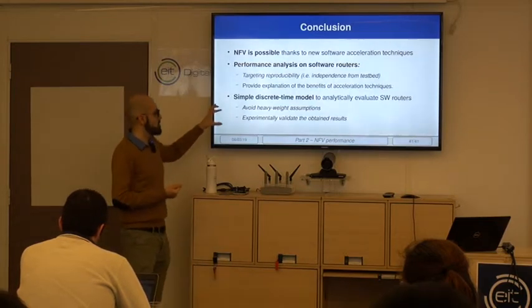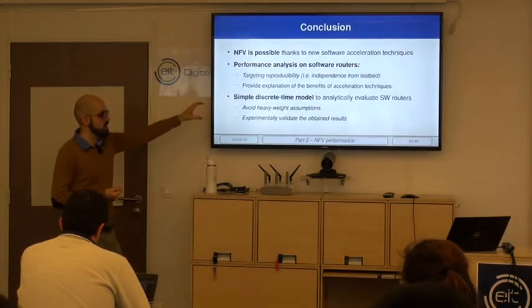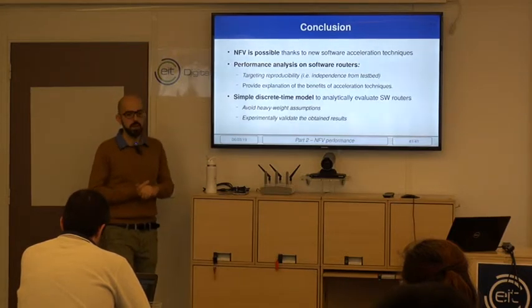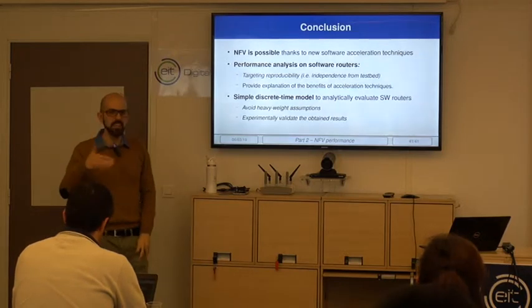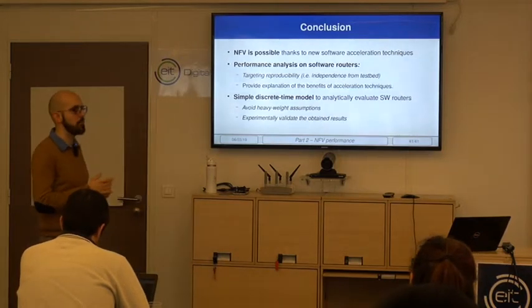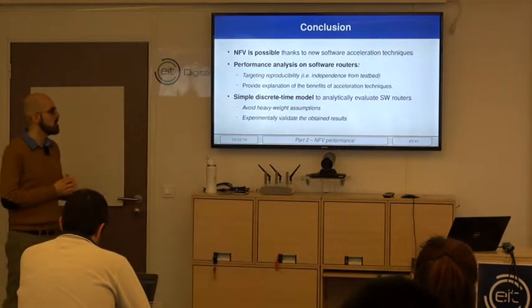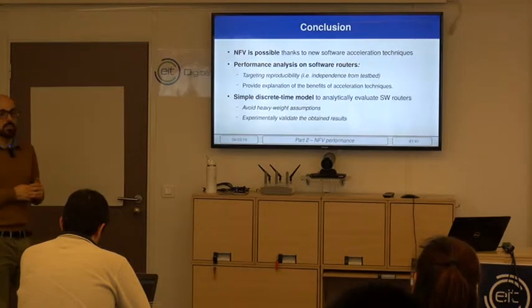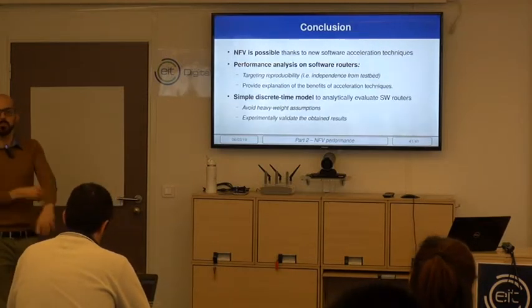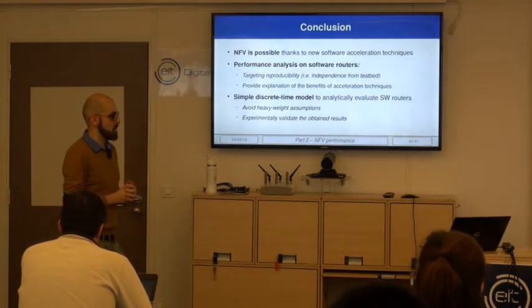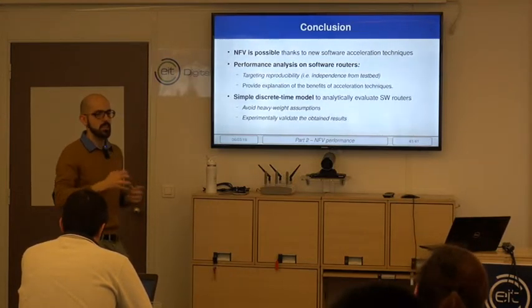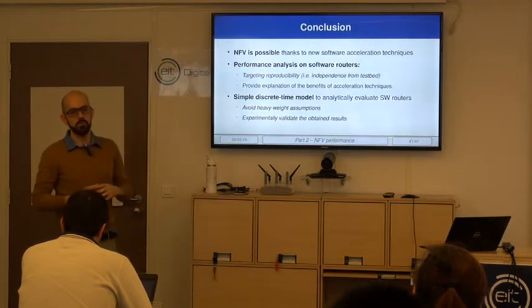Also, a lot of this modeling part was made possible thanks to an intense data collection campaign that we did on our device. Data collection is another aspect that is very problematic for software routers, because when you start collecting data, you also start affecting the performance.